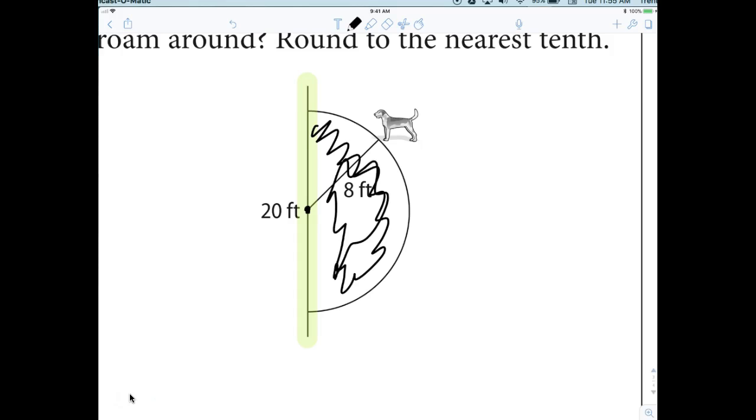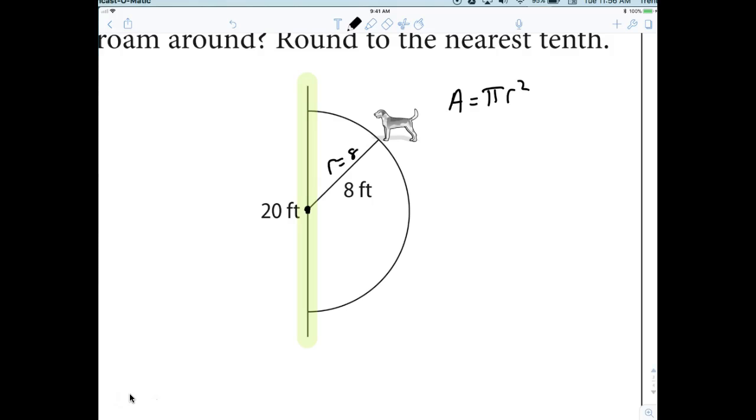You with me? So what shape is that? Half a circle, that's correct. So we're working on the area, right? So what's the radius of his circle? The radius is 8. That's correct. So tell me how to do it. A equals, and then what?